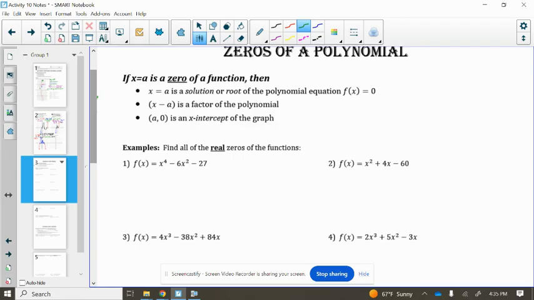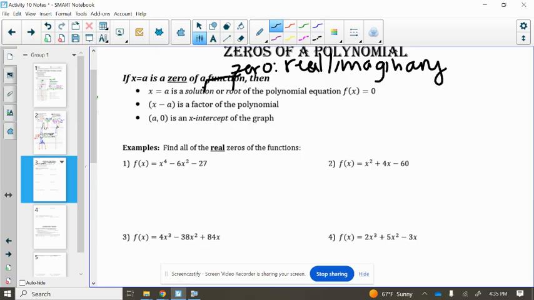So a reminder, when we are asked for a solution or a root, that's basically another way of saying a zero, and these can be real or they can be imaginary. Sometimes they will ask us for one versus the other. We also are sometimes asked or given the factors.